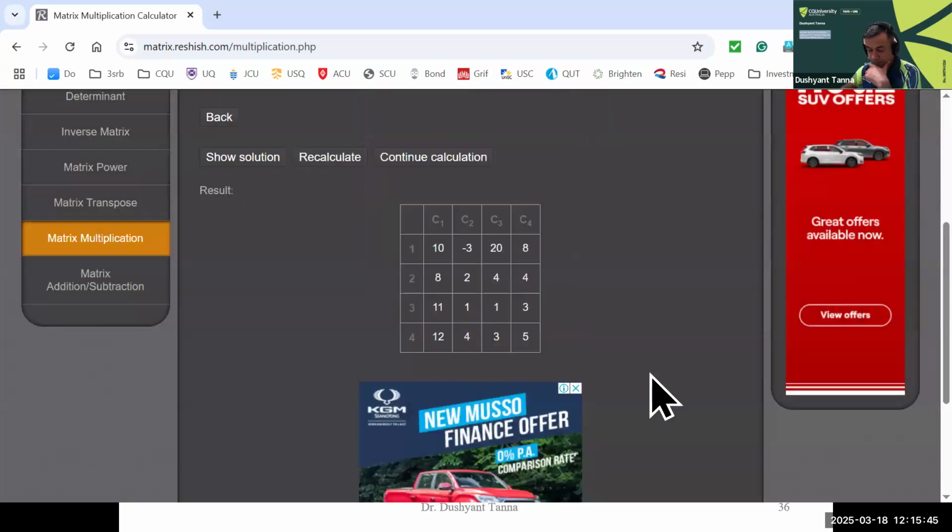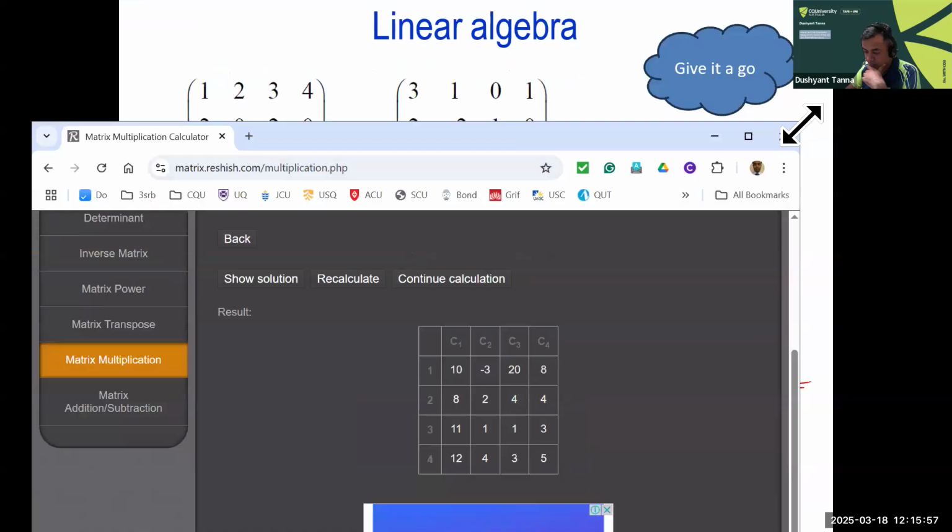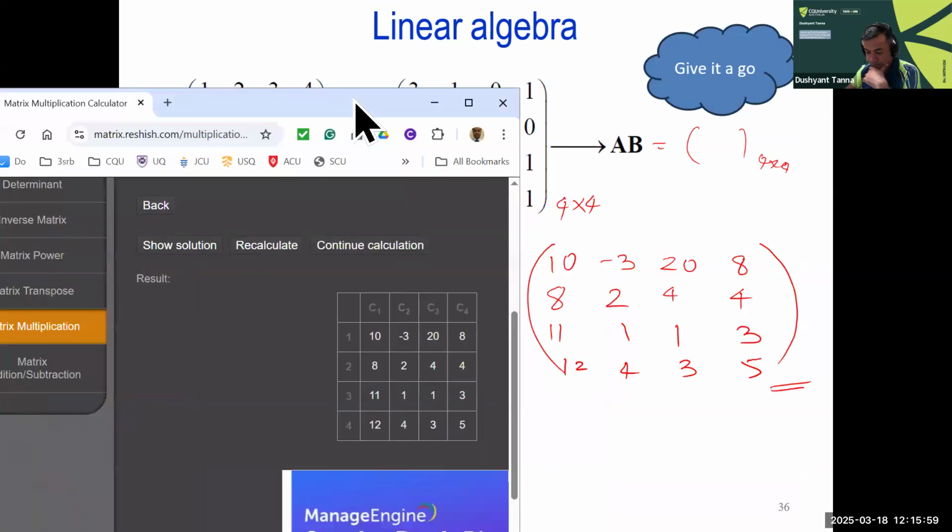And calculate it. So what did we get? 10, minus 3, 20, 8; 8, 2, 4, 4; 11, 1, 1, 3; 12, 4, 3, 5. That's the one, and this is what we have obtained. And if you want, you can show the solution.